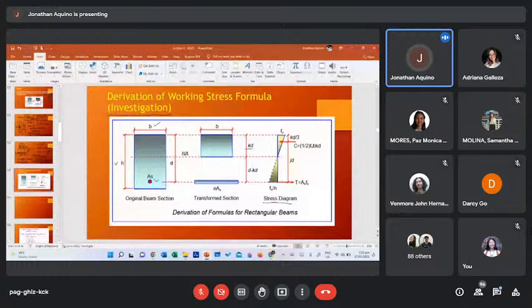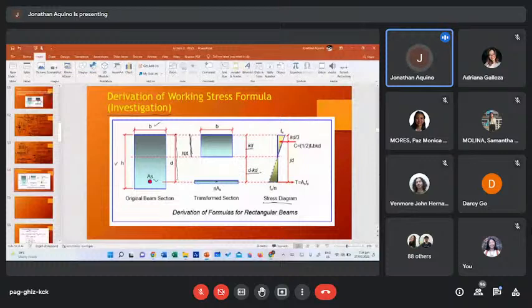So let's say this is kd, the distance from the centroid to the outermost fiber in compression. Then the distance from the centroid of reinforcing steel bars to the centroid of the section is d. Okay. This distance d minus this distance. So just simply d minus kd.